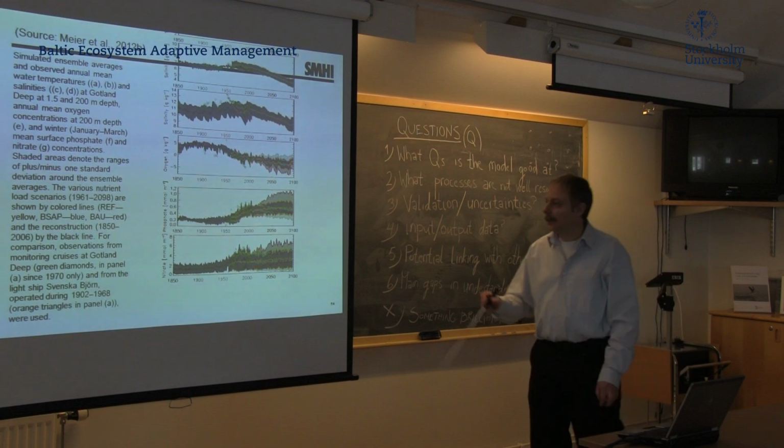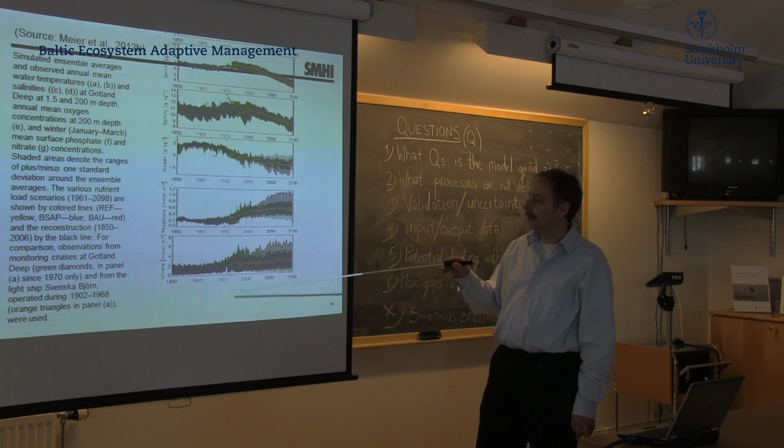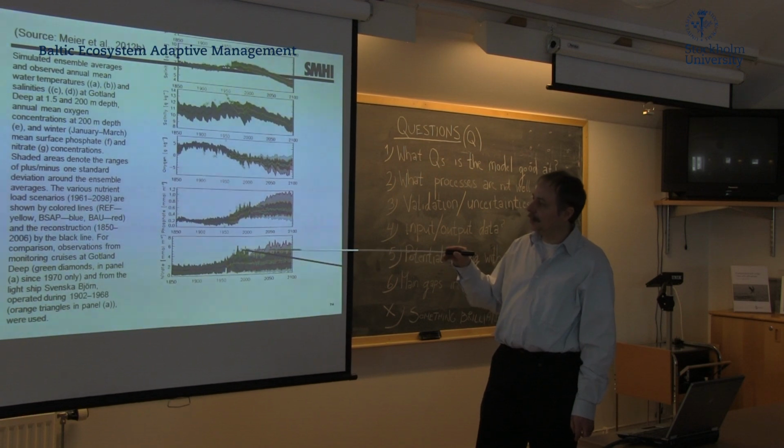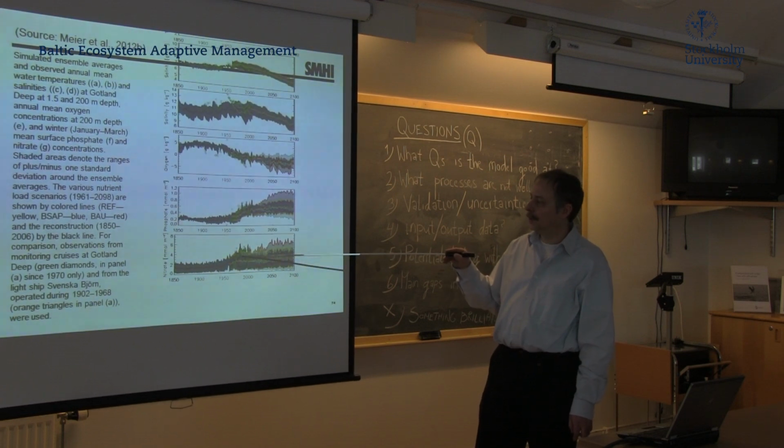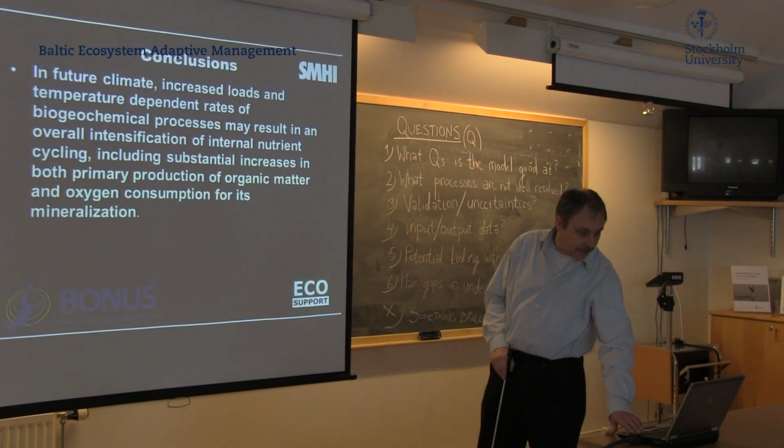And that is actually, one of the models has a quite bad representation of the surface winter nitrate concentration in the past. It does not really follow the observations if you go back in time. So that's the state of the art.